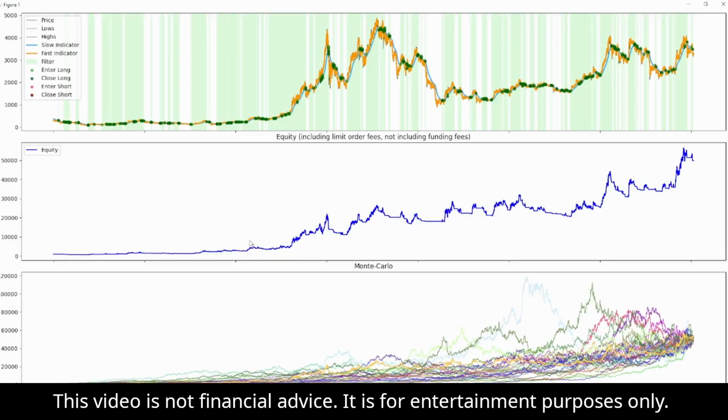For example, here you can see in blue in the middle the equity curve of such a strategy applied to Ethereum. I think it's in 4 hours or so, and with a length of 100 or 120, I don't remember. And there is a lot of trades, as you can see on the top chart, with the green bands, which tells us that we were in a position at those times.